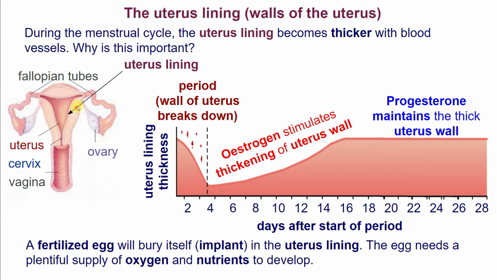And what that means is the uterus lining is lost. It breaks down and it is expelled from the body. That's why this graph is showing it starting thick but getting really thin over a few days when that lining of the uterus is expelled from the body. That indicates the beginning of our menstrual cycle.